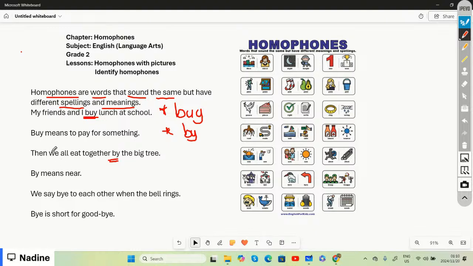And in this word by, it means near. It's like we're sitting near the tree, by the tree. That is what it means.